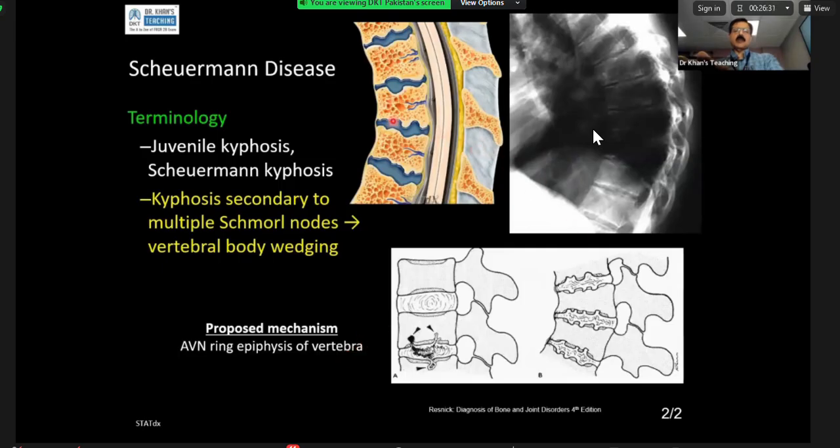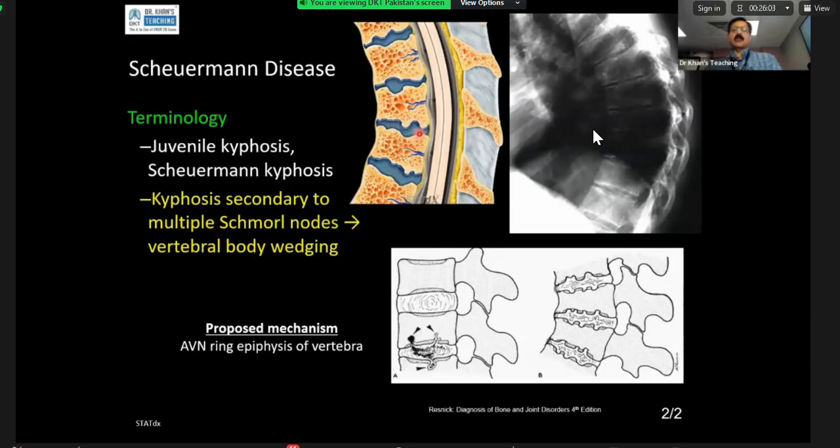There is a ring epiphysis at the end plate, and this is also known as juvenile kyphosis, or adolescent kyphosis. When there is avascular necrosis of this, the intervertebral disc goes into the end plates. It herniates into the end plate.